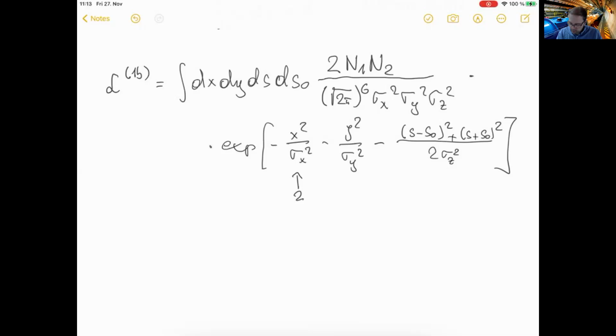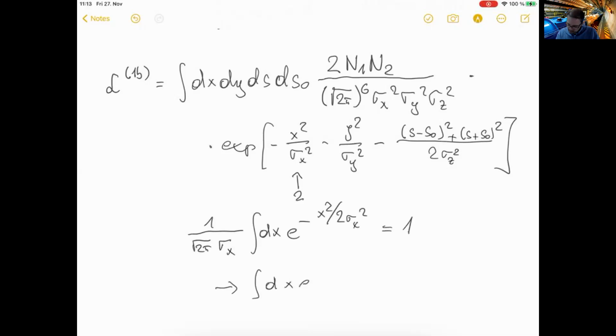We use the following small trick. We know that the normalization integral of the Gaussian is, write it down here again, this quantity is 1. Therefore it follows that the integral of e to the minus x squared over sigma x squared, which is one of the integrals that we need, is square root of 2 pi.